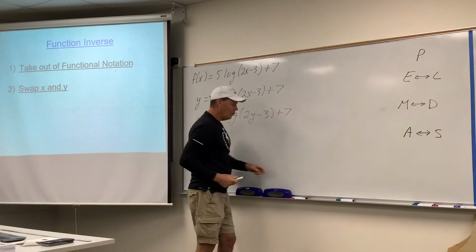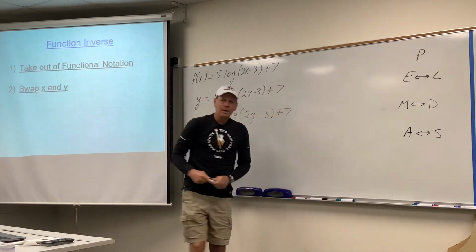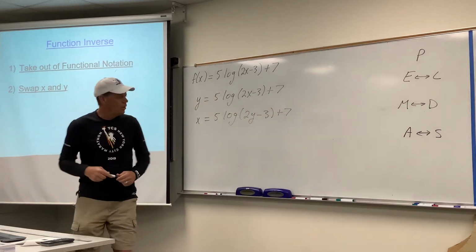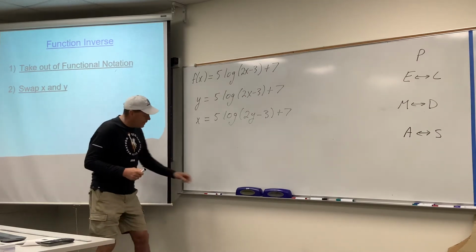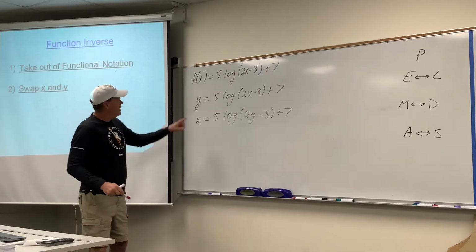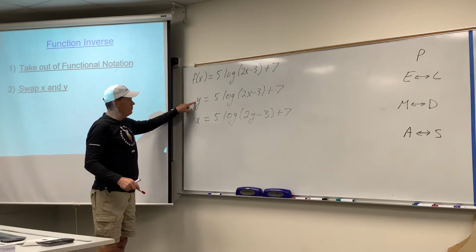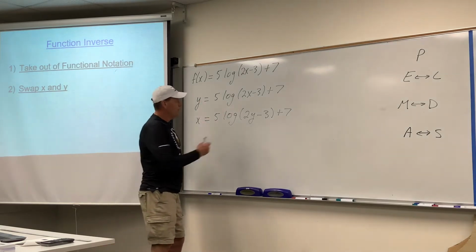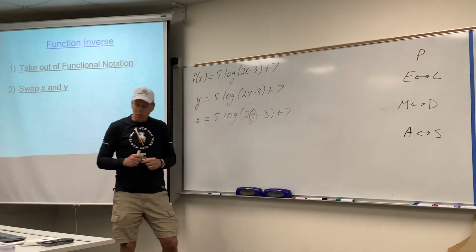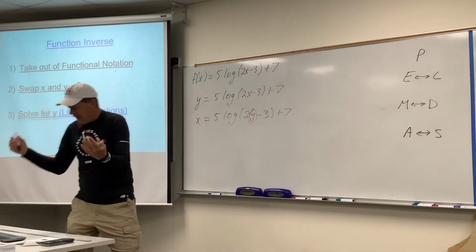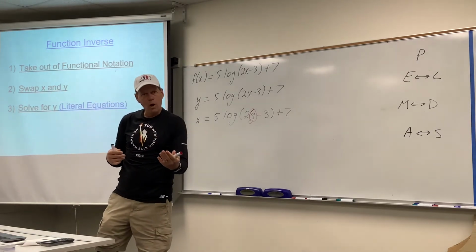And again, this should be old stuff, all right? This was assignment 21, as I recall. And then, you might recall, that functions have y by themselves, and so after we make that switch, we don't have y by itself anymore, and so we need to now take this new equation and solve it for y.